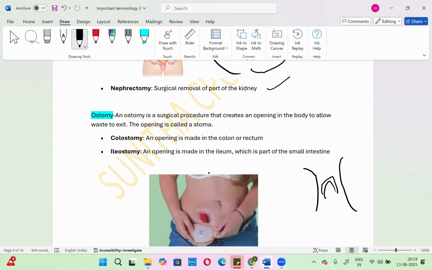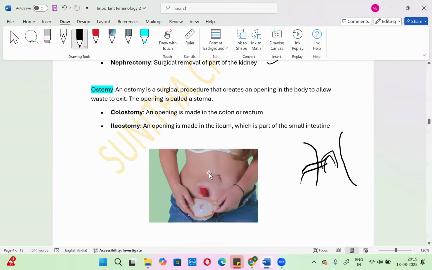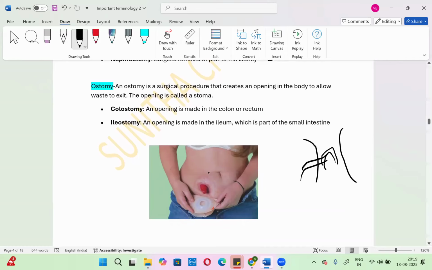So they will create one opening from inside to outside of the body, as you can see here. This is the colon, large intestine. So they are creating an opening to remove the waste from the body. Okay, so ostomy means what? Creating an opening in the body to allow the waste to exit.